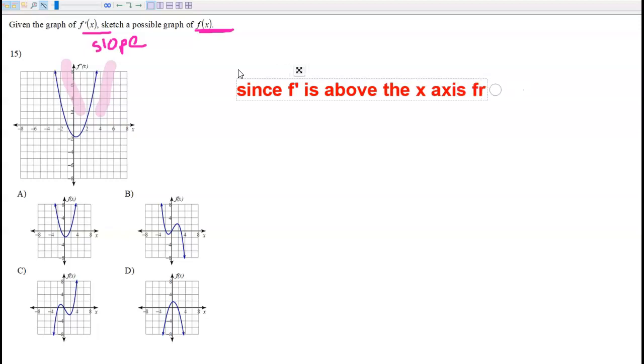from negative infinity to, looks like it stops right about here at negative 1. And from, I don't know, a little bit after 1, like we'll say 1.8 to infinity.